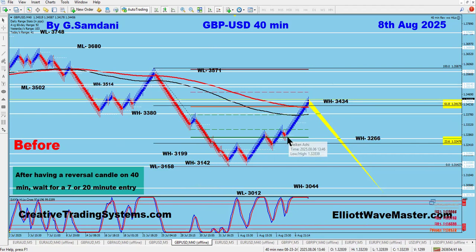For example, look at the time at the bottom, it's 8/5. It ended August 6, around 1300 hours, and this is pound USD. So I was supposed to take a 7-minute entry from the 7-minute chart right after this.